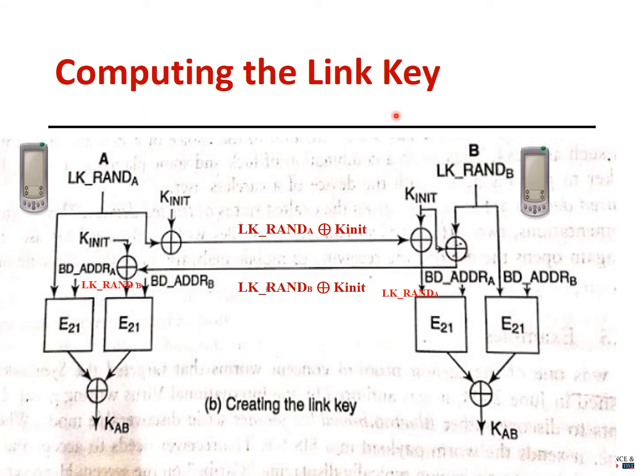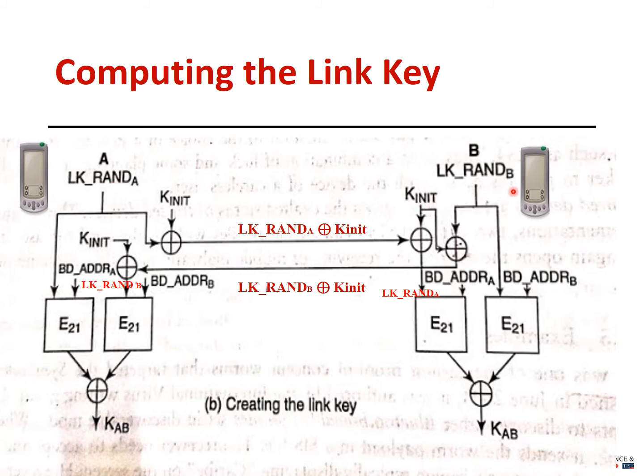Here you can see the pictorial representation of the computation of the link key. You can see the two communicating devices, device A here and device B here. In the first step, as already explained, A and B, both sides, generate their own random number for the computation of the link key.